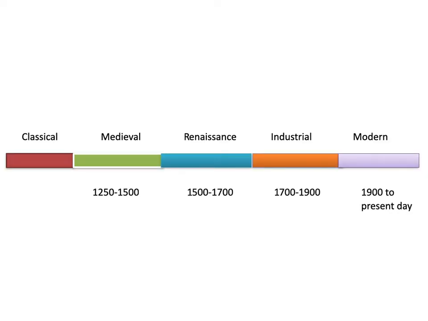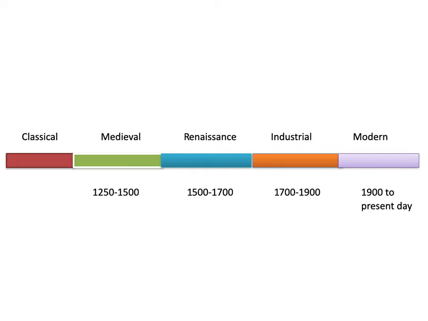So here's an overview timeline that shows you the various different periods we'll be studying and the different dates. Now we begin in 1250. So why have I got this earlier bit here, the classical period? Well, it's because lots of medieval thought stems from the classical period.